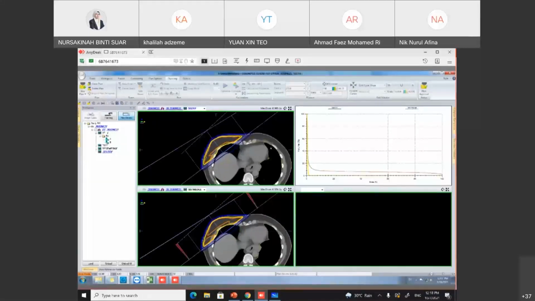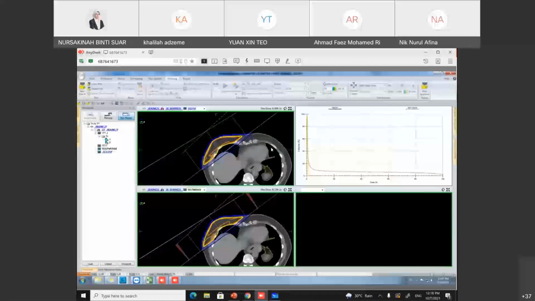But unfortunately, not every center is using this technique yet, maybe because they don't know or they don't have a senior to teach them. I learned this technique back in 2010. There was a foreigner when I attended a conference, I think in Beijing, who taught this technique.